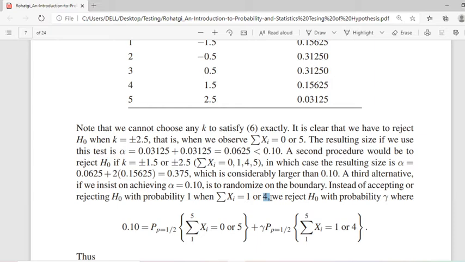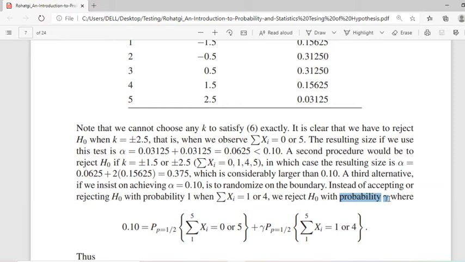We can reject the null hypothesis when we observe summation xi equal to 1 or 4 with probability gamma. So we cannot surely reject, but at the same time we partially reject.